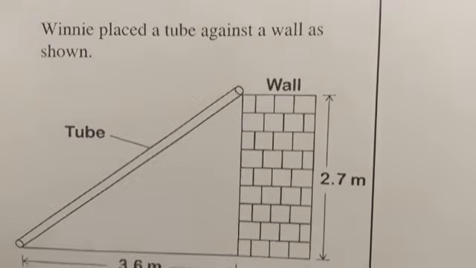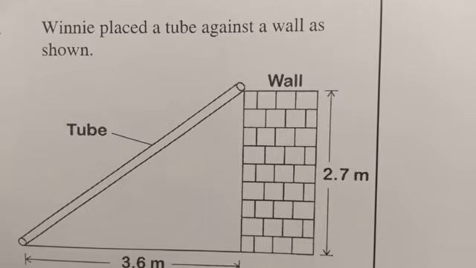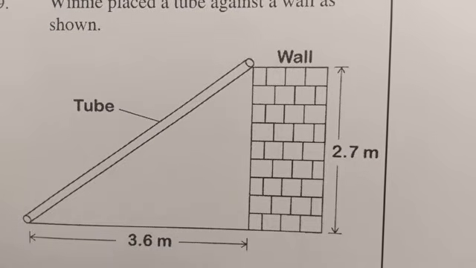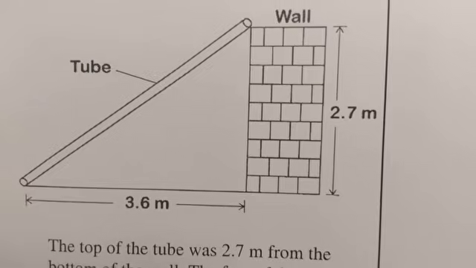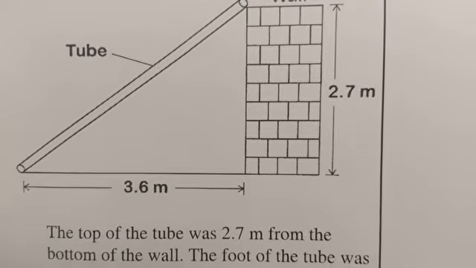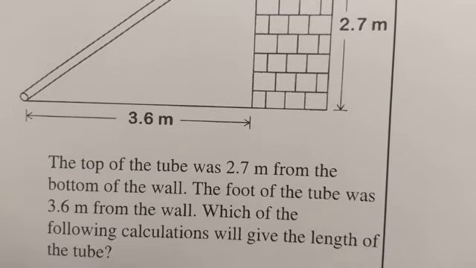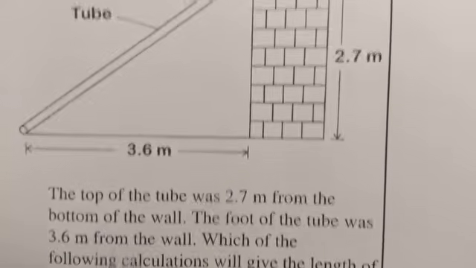We have another question here. Winnie placed a tube against a wall as shown. Let's look at the diagram. The question continues and says, the top of the tube was 2.7 meters from the bottom of the wall.